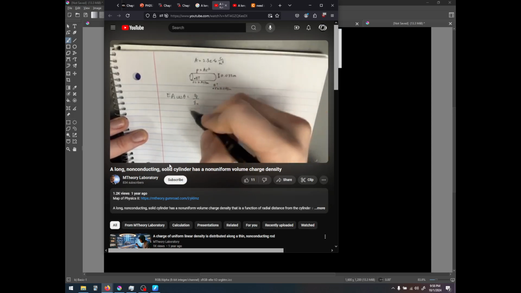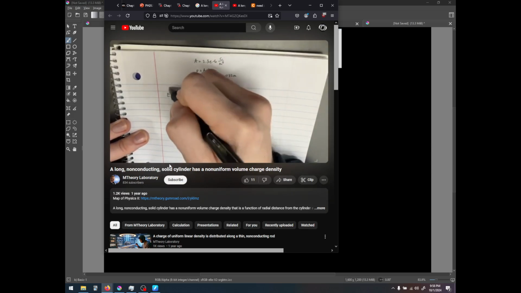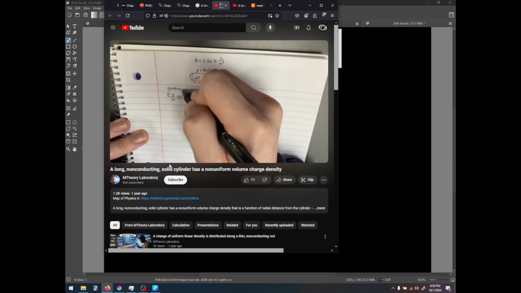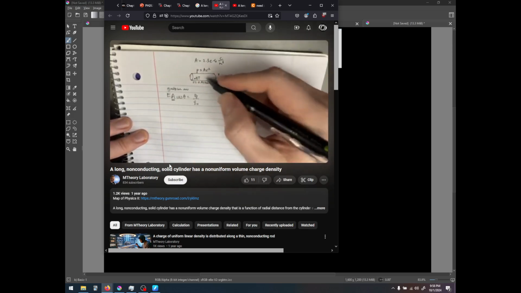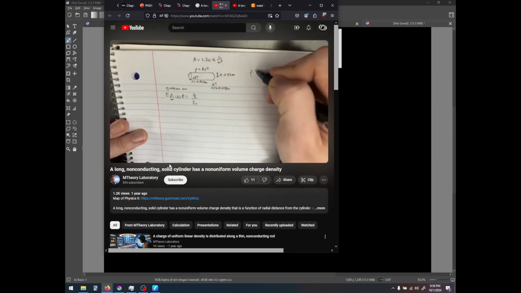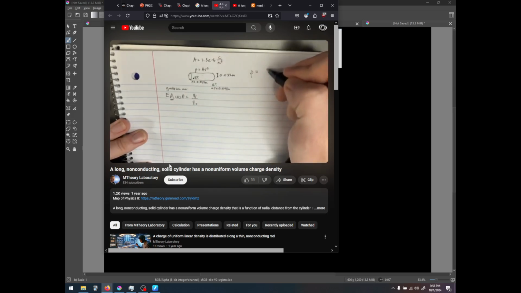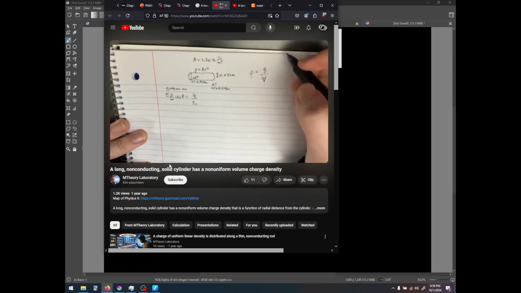charge over what? And this is going to be the surface area of the Gaussian area that we're going to create. And that is going to help us. So density of this is equal to charge divided by volume, right? So let's try to figure out the volume of what we have inside.